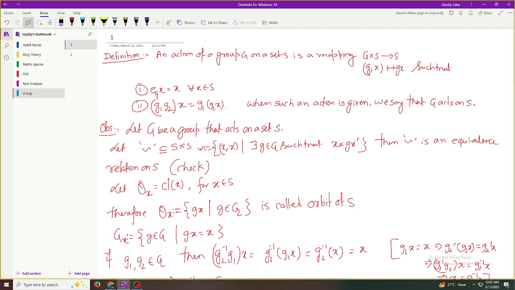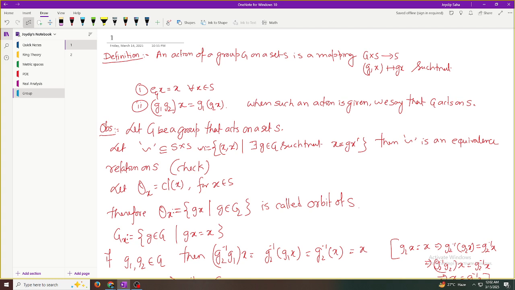So here I am giving a definition, and just see that this makes the definition of group action. Then I see that x is related with x prime if and only if there exists g belonging to G such that x equals g x prime.